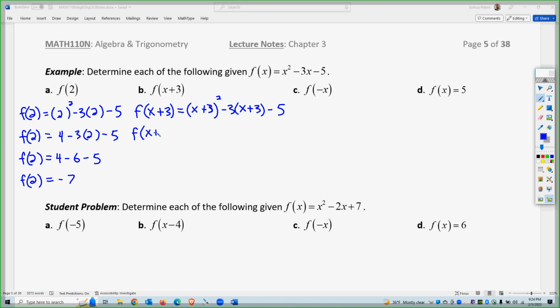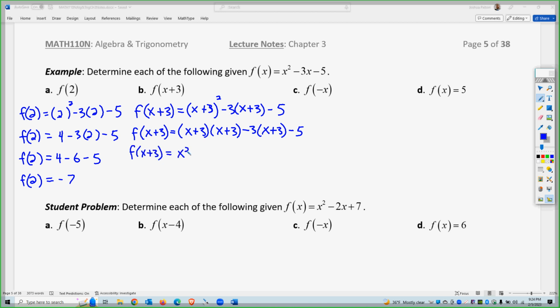Okay, so f of x plus 3. Order of operations dictates that the exponents come first, so I'm going to square first. After exponents comes multiply, so I'm going to multiply the terms.